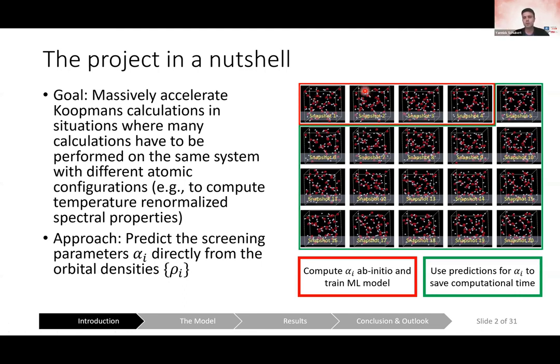You could compute the screening parameters ab initio for the first couple of snapshots, so perform the standard Koopmans workflow as Edward was presenting in the previous presentation, and simultaneously use this data to train a machine learning model. And as soon as the model has seen enough data, you could use the trained model to predict the screening parameters for all the remaining snapshots, and thereby save a lot of computational time.